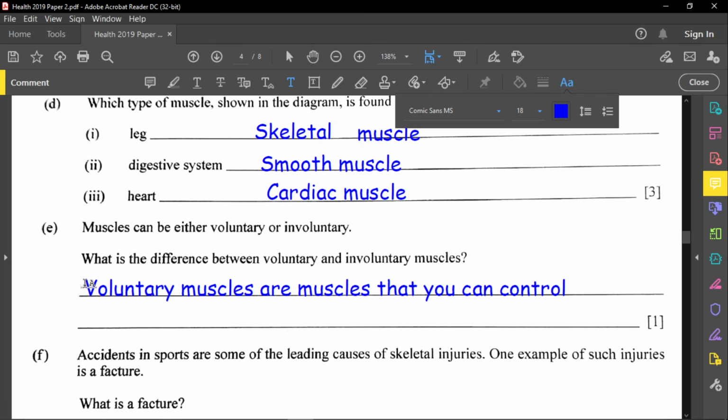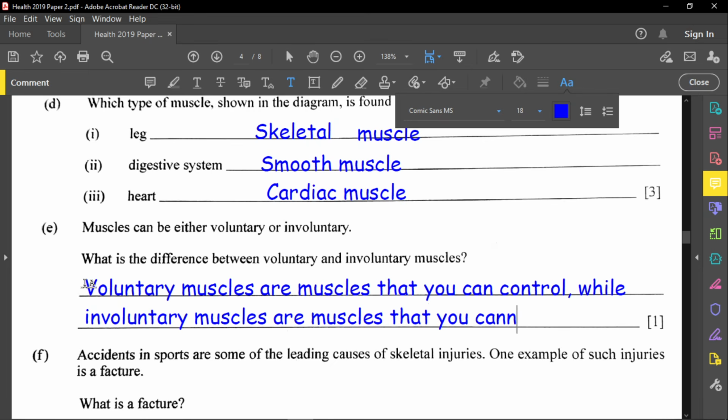All right, so voluntary muscles are muscles that you can control, while, because we're comparing them and making the difference, involuntary muscles are muscles that you cannot control. All right, so great. That's the difference between voluntary and involuntary, okay?